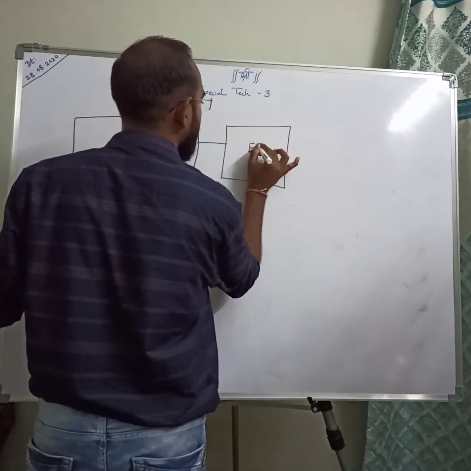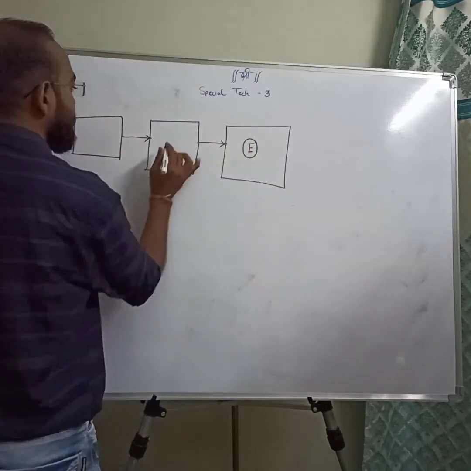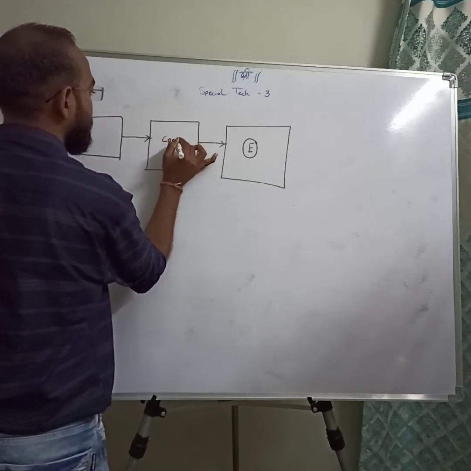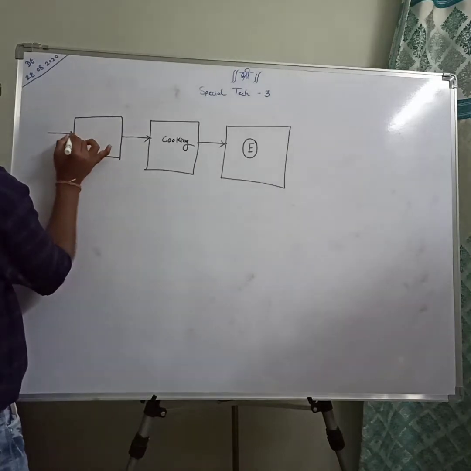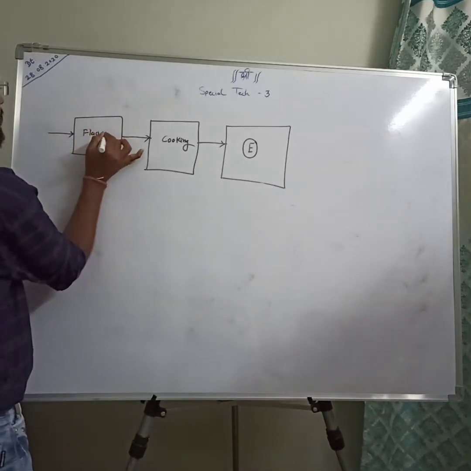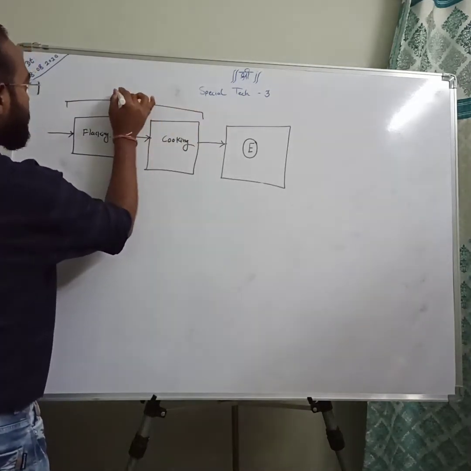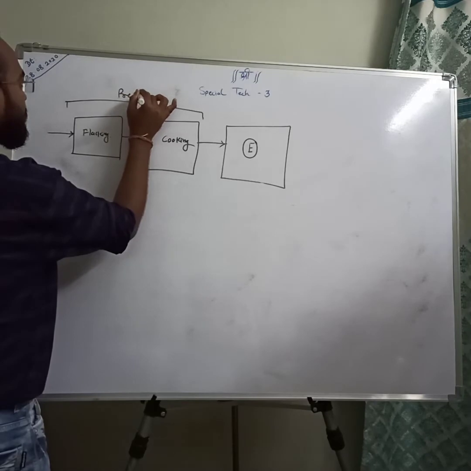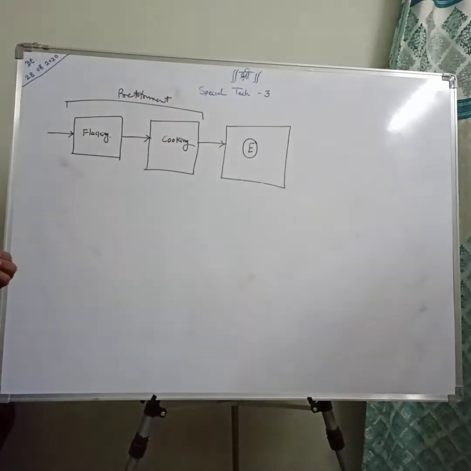This is the actual expeller. This is cooking, which is already carried out, already explained. And this is flaking. This is the part of pre-treatment.